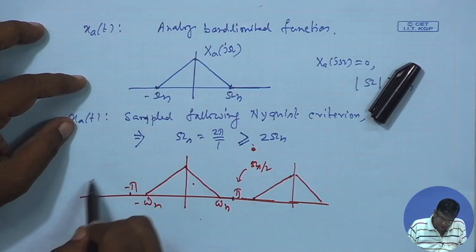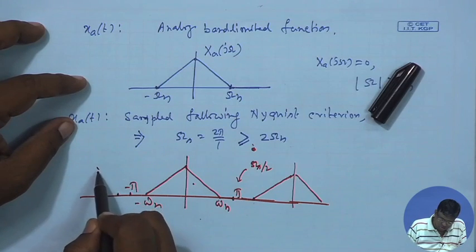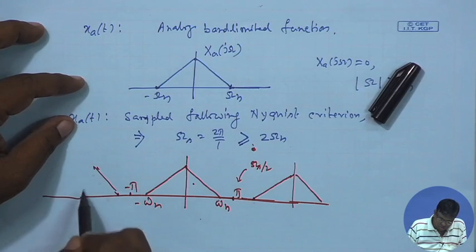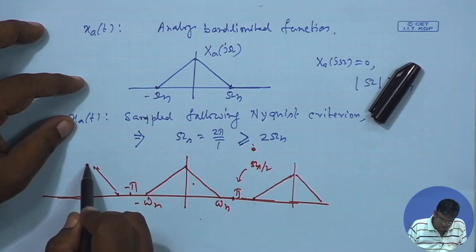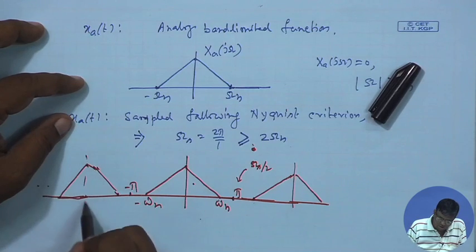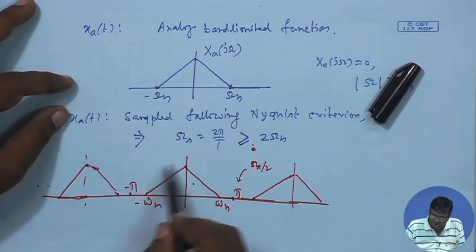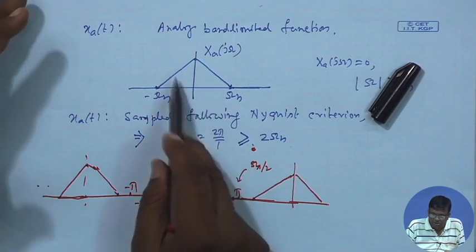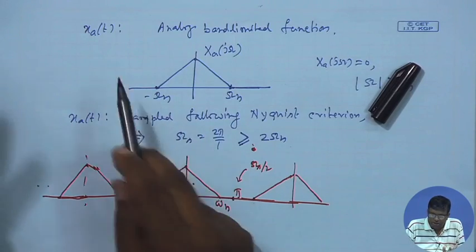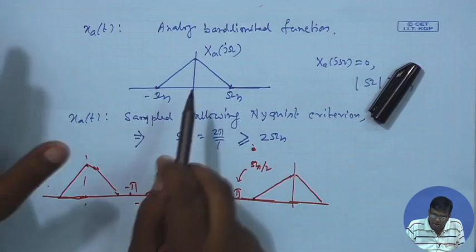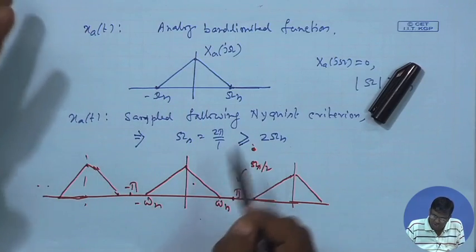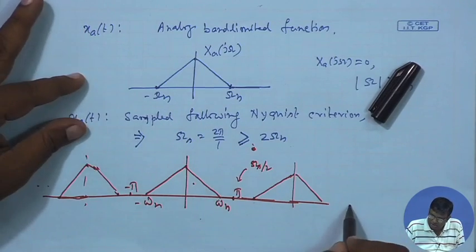Here also dot dot dot. No aliasing. So, this shape retains the original shape, that is x a t, band limited analog, sampled following Nyquist rate. So, DTFT is like this.